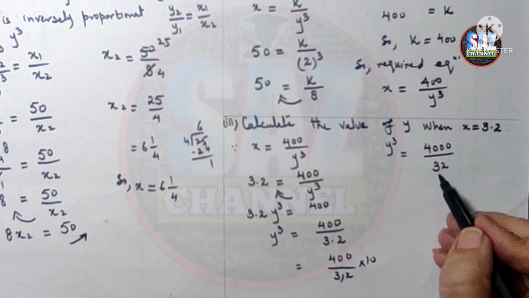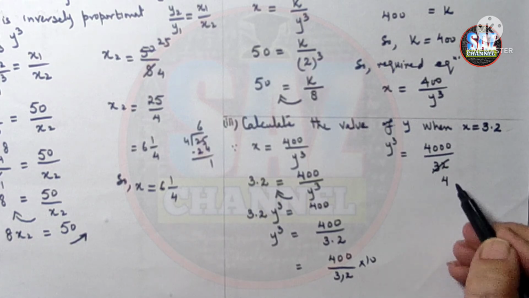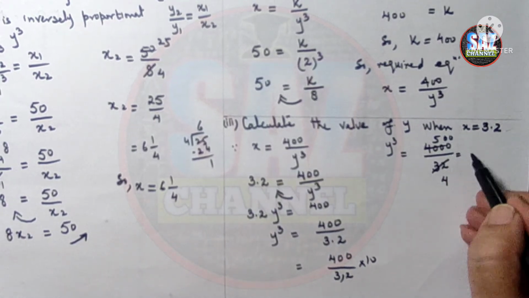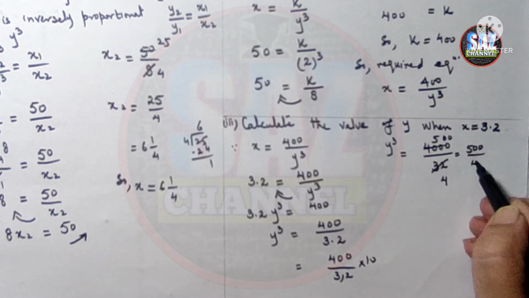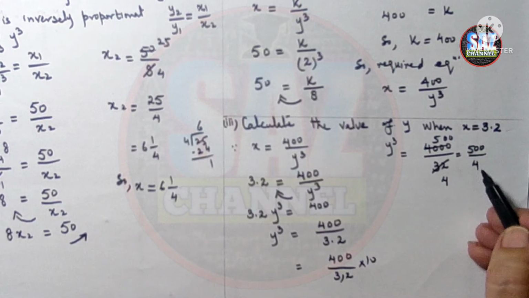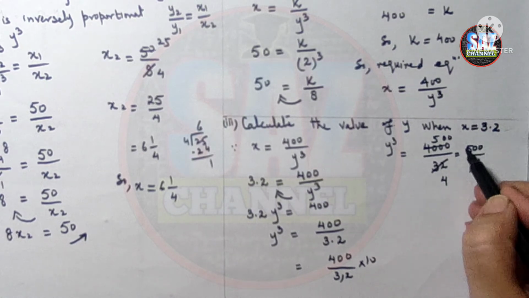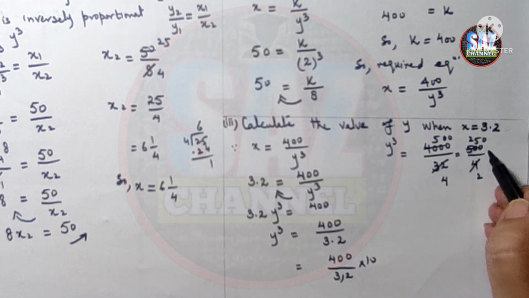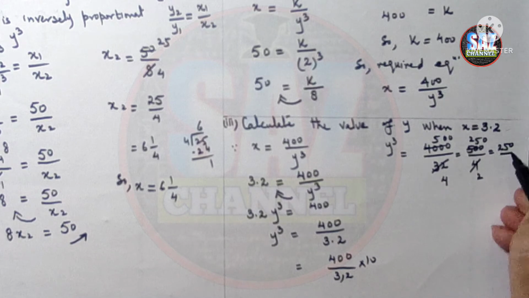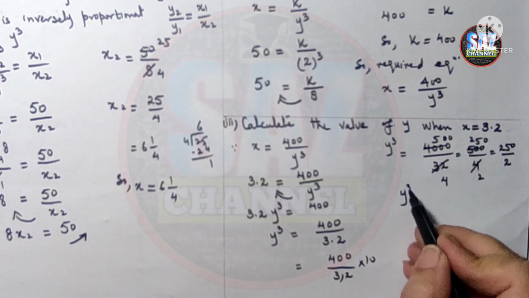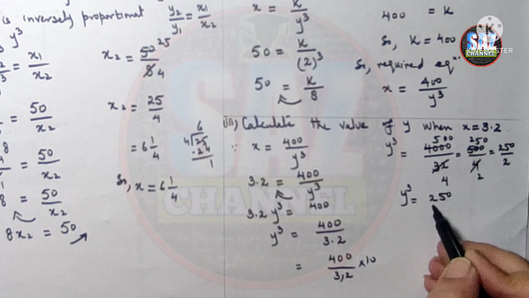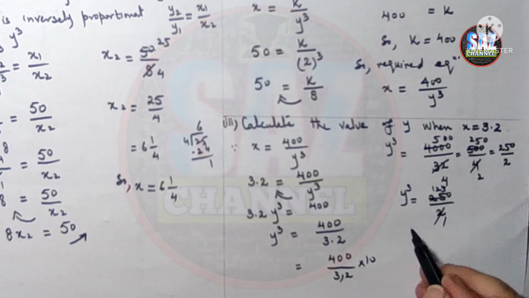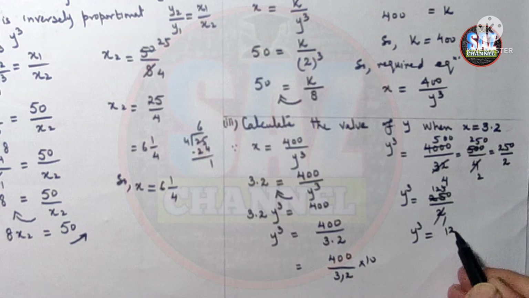Now look, 8 how many times? 8 4s are 32, 8 5s are 40, then 0 0, and so 500 upon 4. 500 upon 4 will become 250 by 2, as 2 2s are 4, 2 5s are 10. And 250 by 2: 2 1s are 2, 2 5s are 10, so y cube is 125.